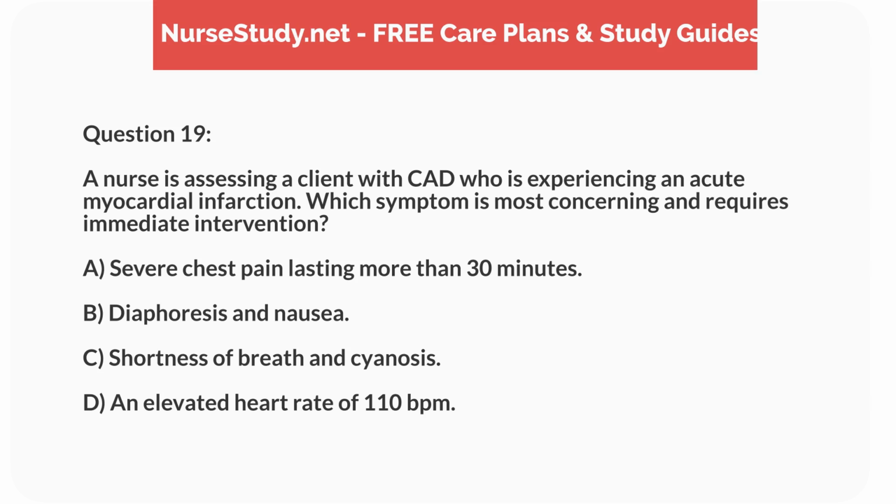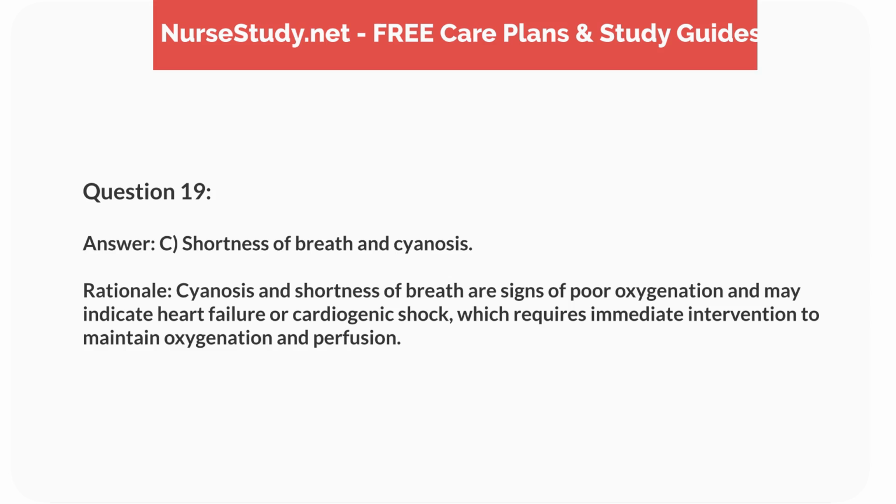D. An elevated heart rate of 110 beats per minute. Answer, C. Shortness of breath and cyanosis. Rationale: cyanosis and shortness of breath are signs of poor oxygenation and may indicate heart failure or cardiogenic shock, which requires immediate intervention to maintain oxygenation and perfusion.